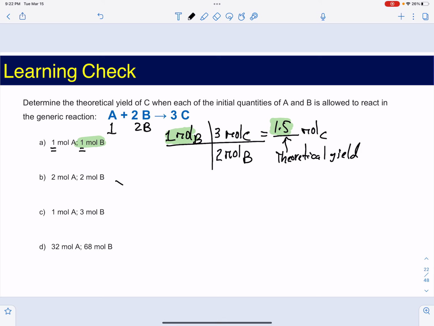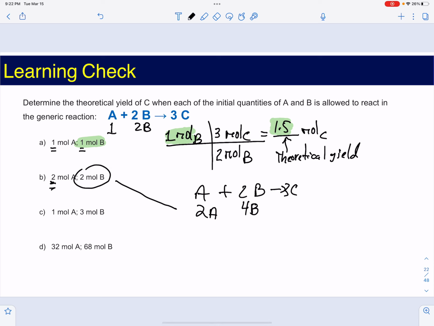Let's do the next one. The next one, remember this is the reaction I'm using. So if I have 2 moles of A, I'm gonna need twice as much of B. So I'm gonna need 4B. If I have 2, I'm gonna need 4B. So I don't have 4B, I only have 2B, so that's my limiting reactant.